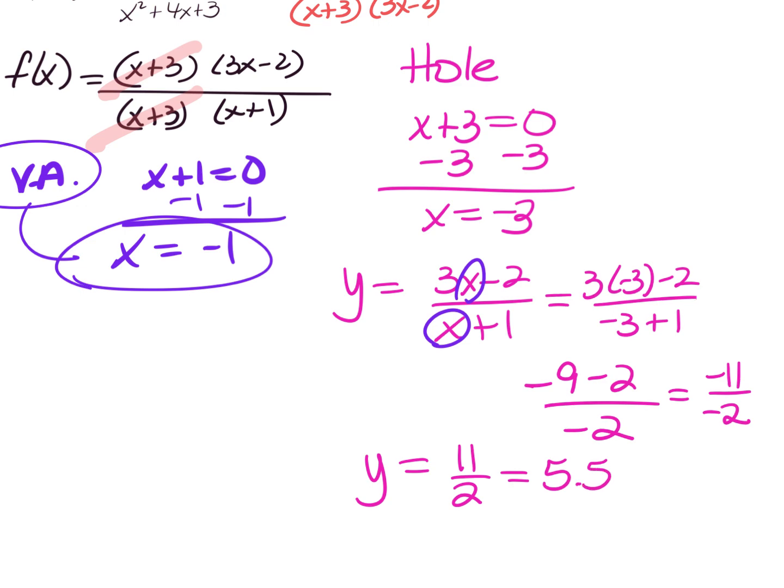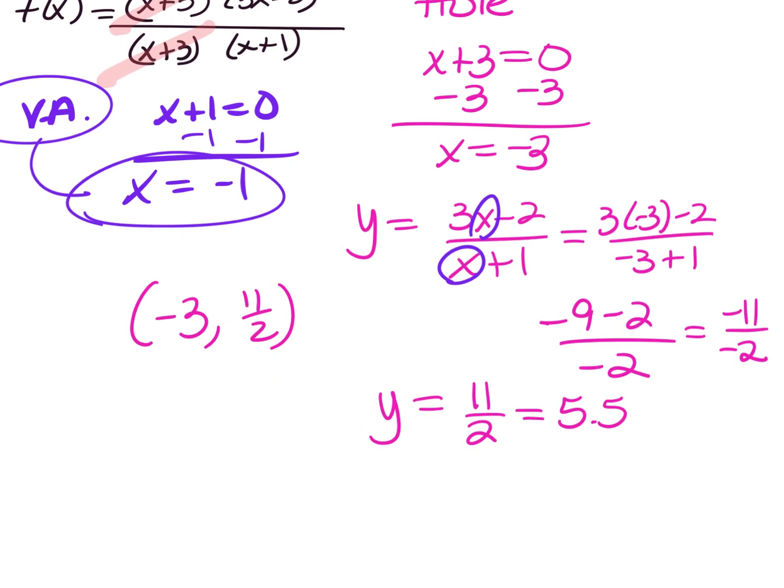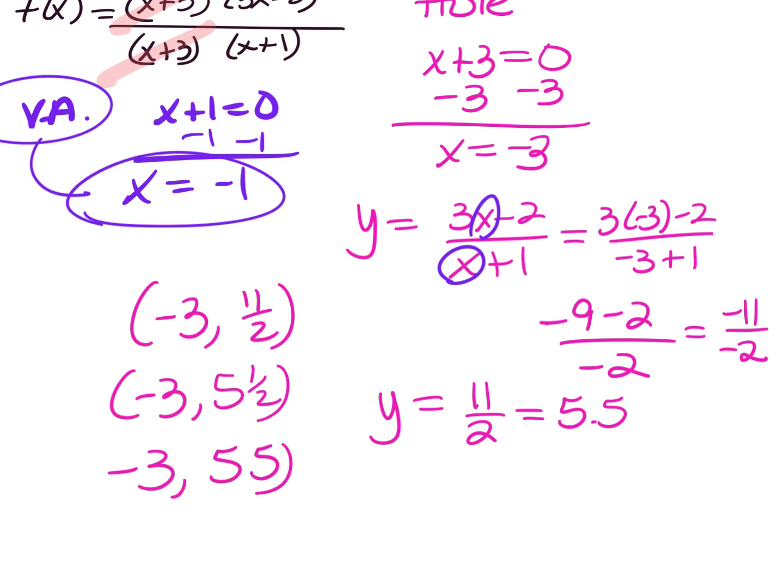So you could leave it a fraction. So my hole will be located at negative 3, and you could leave it like this. But if you're graphing it, you're going to need to make it a mixed number or a decimal. And again, in the homework tonight, you're not finding holes, but tomorrow we will. So on the quiz, I would accept the answer any one of these 3 ways. But on the quiz, you'll be graphing, so really you're going to need to make it a mixed number or a decimal.